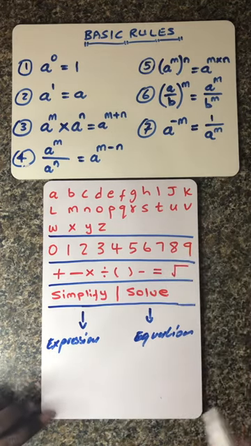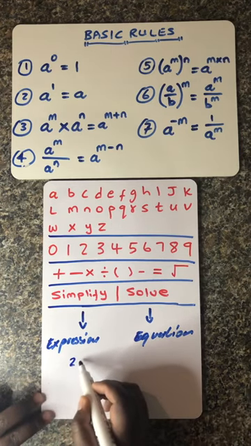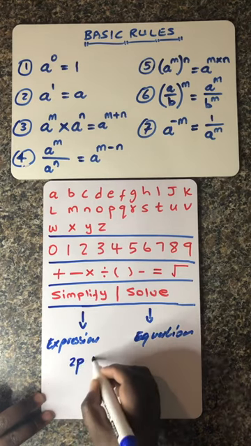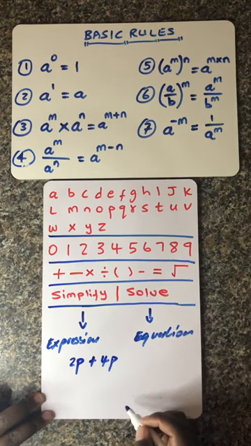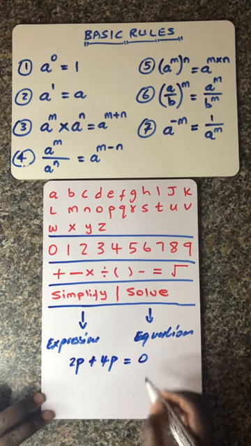I'll just give 2 examples. Let's say you've got 2p plus 4p equals, let me say, 0.